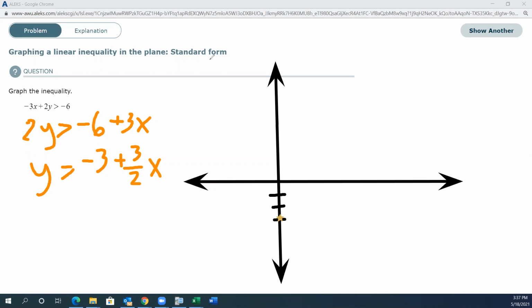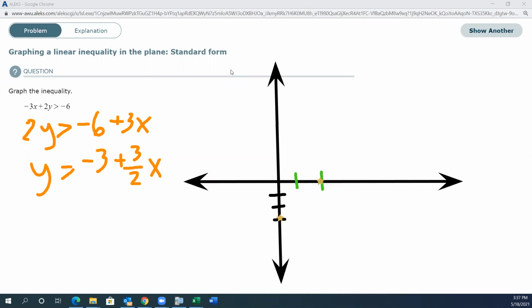So we're going to go up. Positive slope means that from left to right, it's rising. We go up 3 and run 2, rise over run, and that gives us a little point right there. Now we can draw the line because we have 2 points.